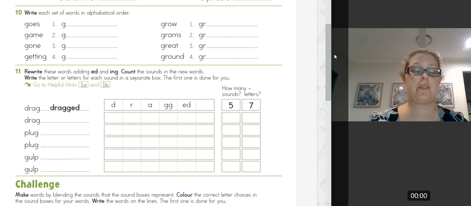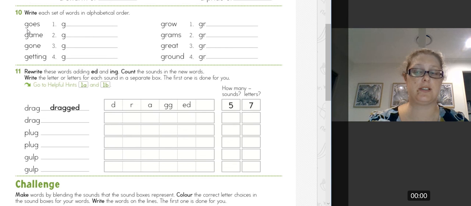Question 10 asks you to write the sets of words in alphabetical order. So when it's talking about the set of words, it's talking about this group of words here, where my mouse is, followed by this group of words here. So when you're looking in that group list of 4, you're going to look at the first letter. All of them start with a G. So we're going to have to go to the second letter now to figure out which is first in the alphabet.